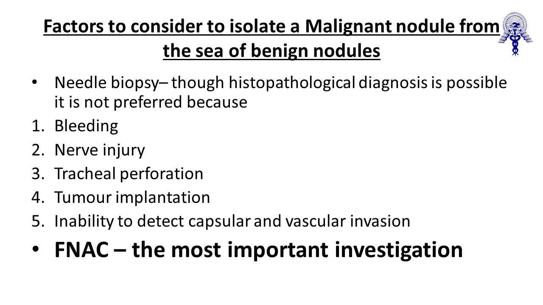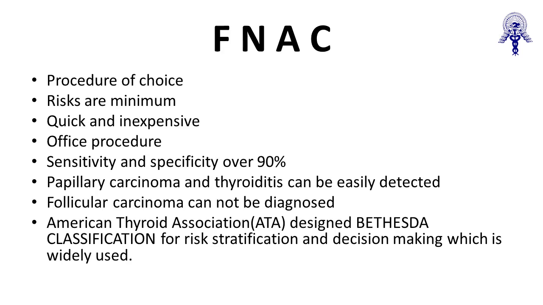Important is FNAC, and you have to know a lot about these FNACs. These are all theoretical points that I have mentioned, but the most important is that the American Thyroid Association designed the Bethesda classification to pick up the malignant nodules, and you must know that, because even the FNAC report will come to you as a Bethesda score.